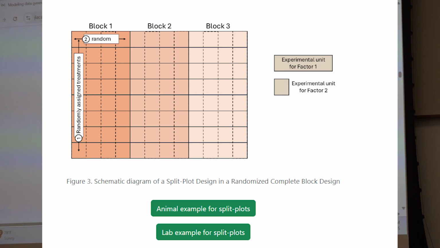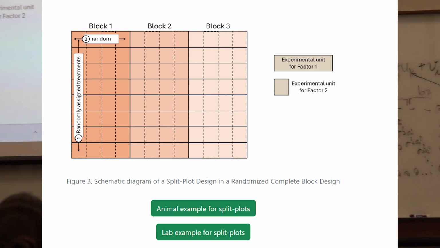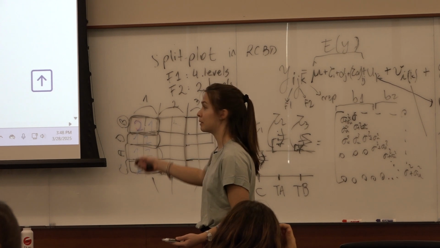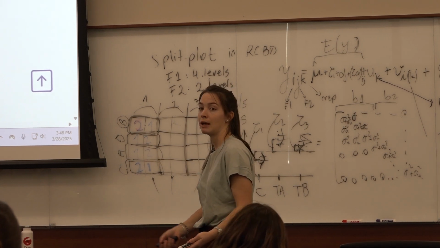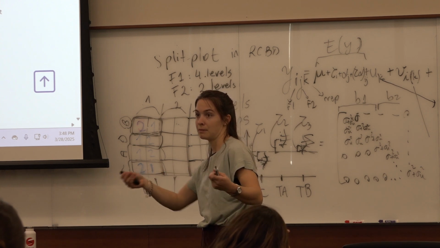And remember that within each whole plot, we randomly assign which one went to what, right? Like, we randomly assign the levels of the second treatment factor inside here. A repeated measures design is very similar, but the second treatment factor is time. And time cannot be randomly allocated because time is unidirectional.